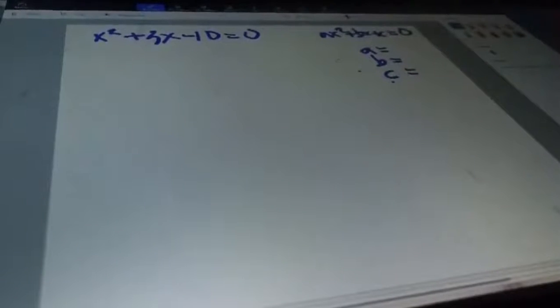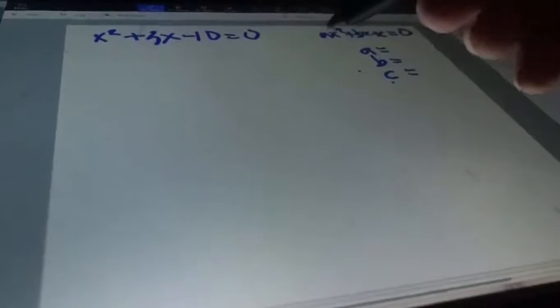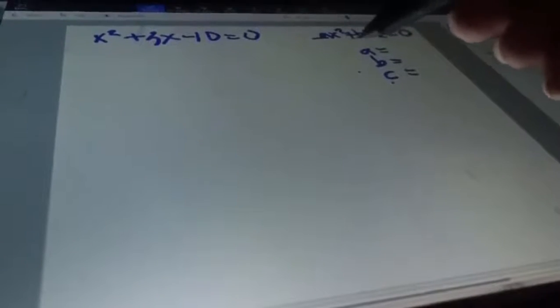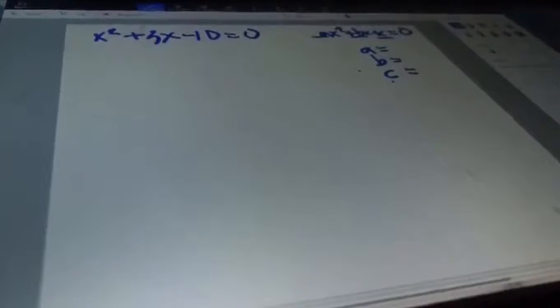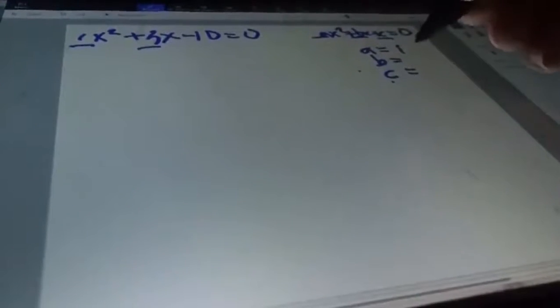Okay, now that na-convert na natin siya into standard form, ang kailangan naman natin gawin is hanapin yung value ng a, b, and c. Ang value ng a dito is yung 1. Yung value ng b is 3. And yung value ng c is negative 10.